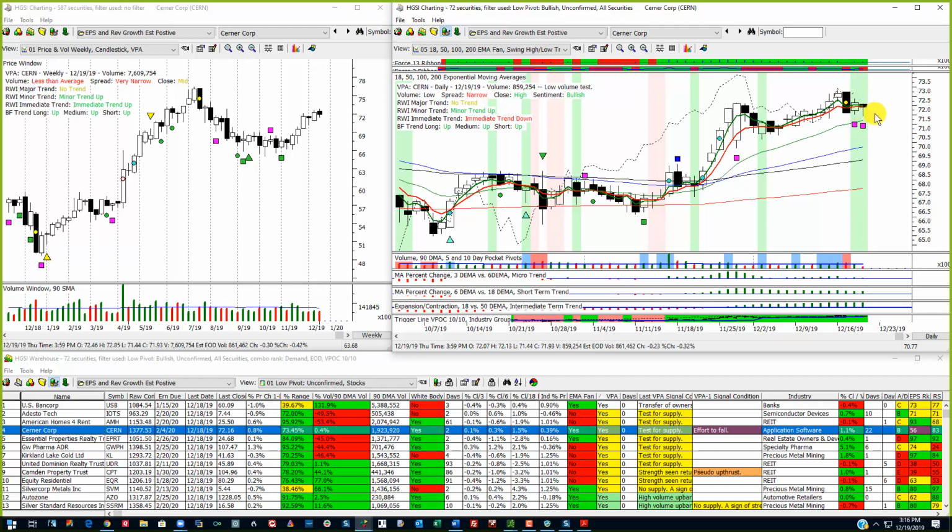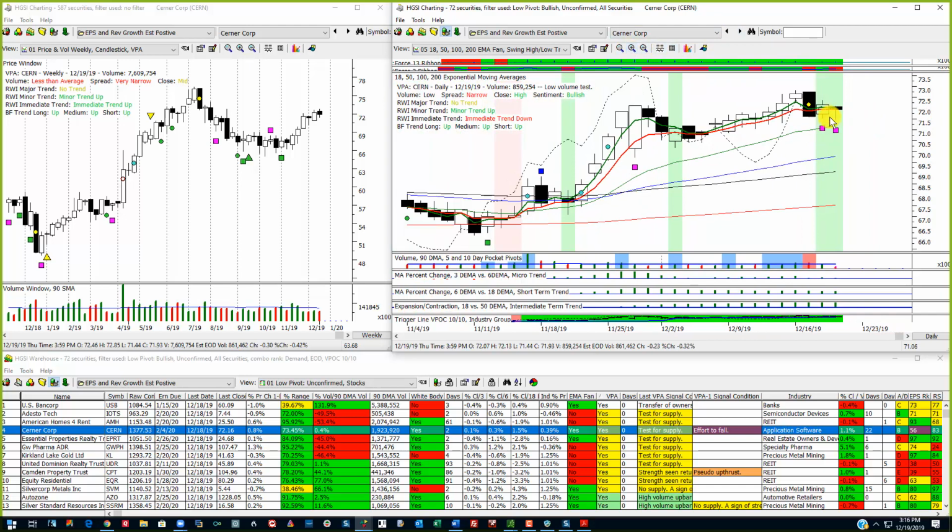And on this one, tomorrow, if I were going to take this trade, what I would do is I'd put a buy stop above the prior day's wick, just to prove that it can do it, and then the risk would be just below this lower wick here.